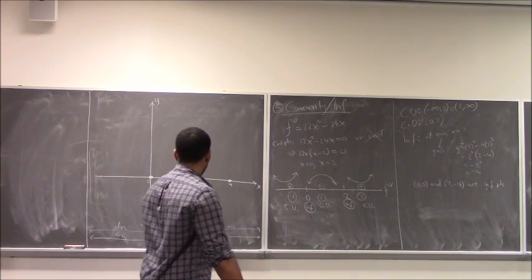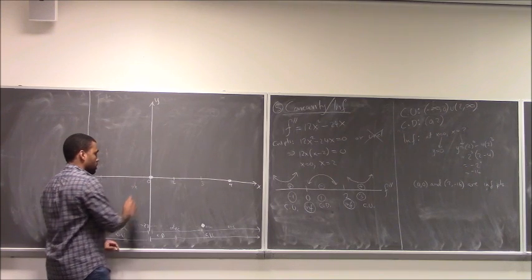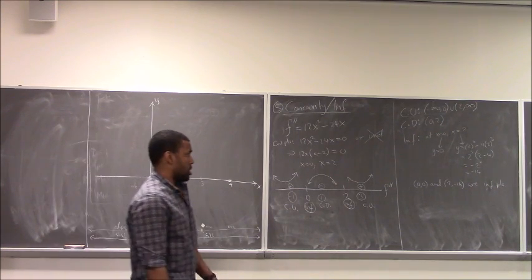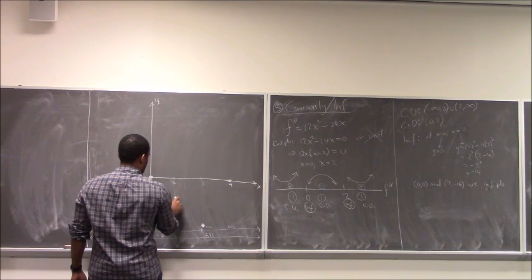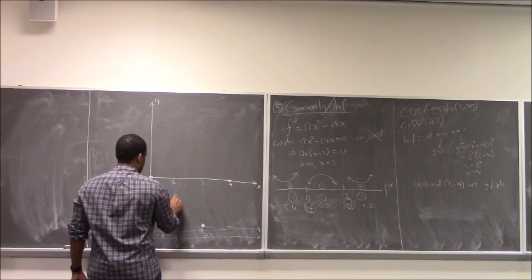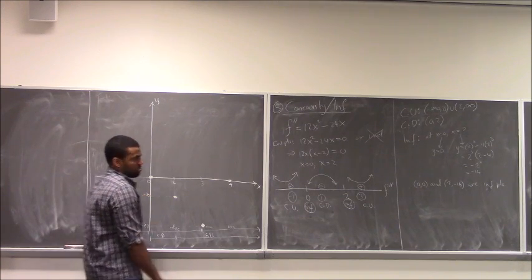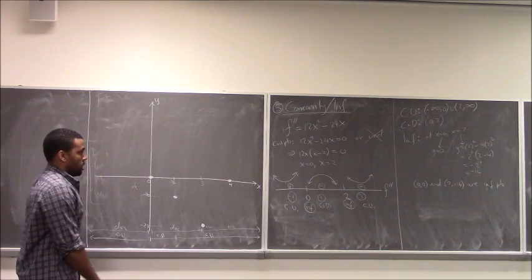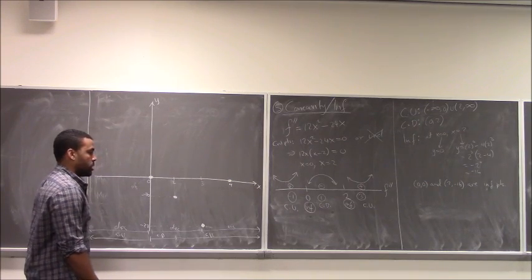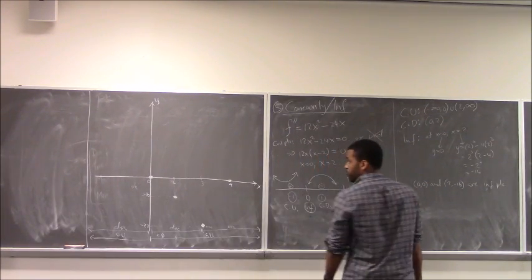And we had 2 inflections, so this is an inflection, and we had another one at 2. Let's just put it here. Make that minus 16. And that was all the information. So now we have all the information, we can start to sketch this graph.